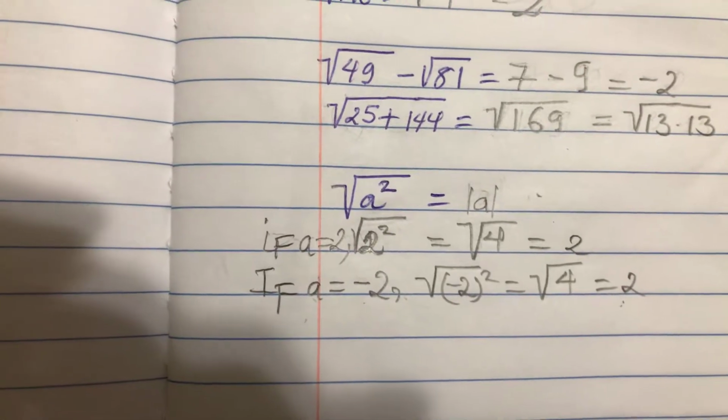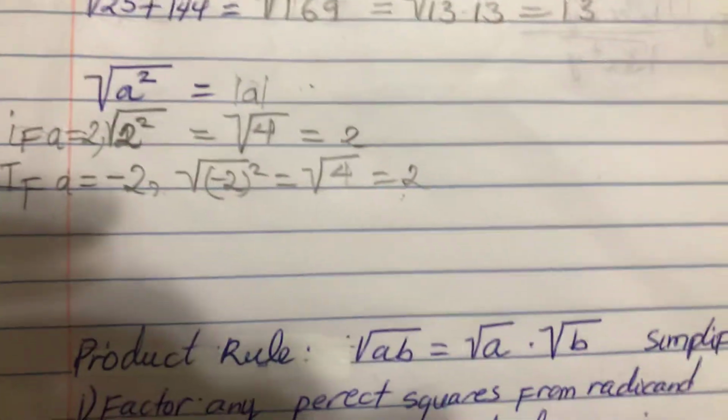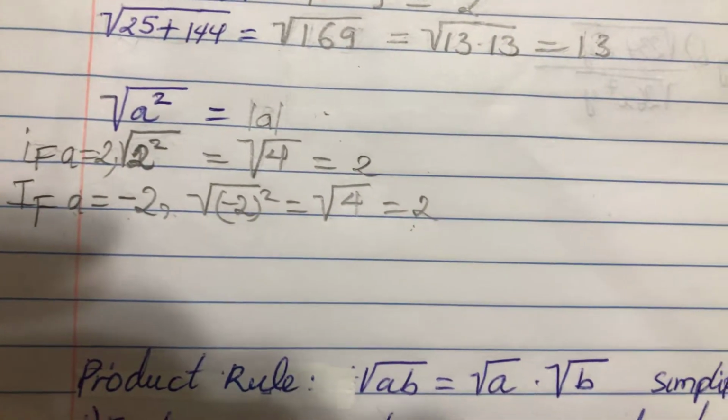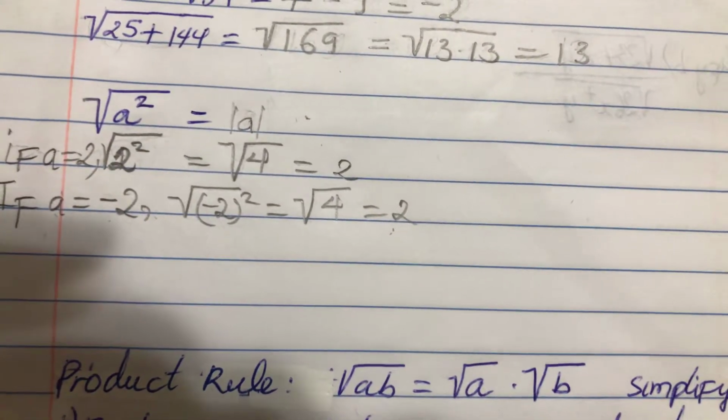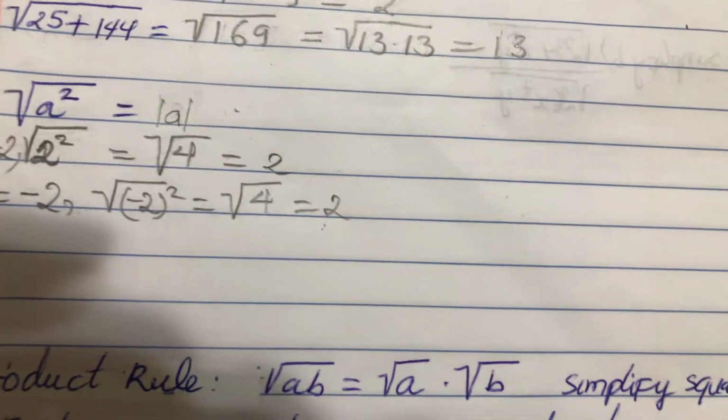Okay, let's talk about the product rule of radicals. The product rule of radicals is: the square root of a times b equals the square root of a times the square root of b.